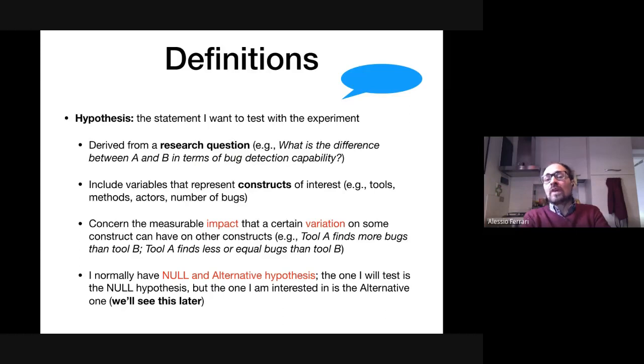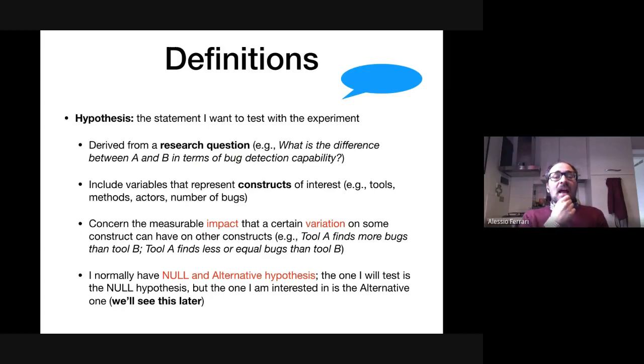So tool A finds more bugs than tool B, or tool A finds less or equal bugs than tool B. Okay, these are examples of hypotheses that are derived from the research question and that are concerned with a specific construct in my experiment, in my scope of interest.